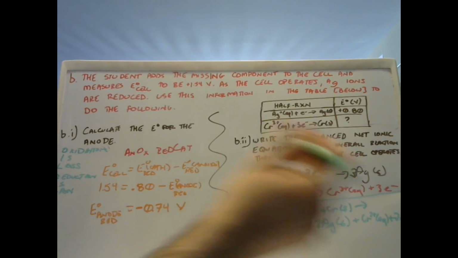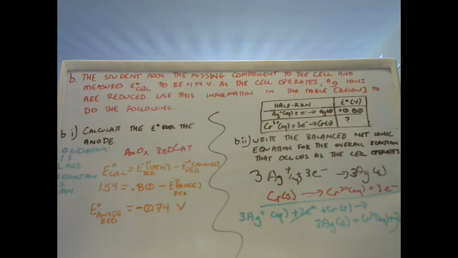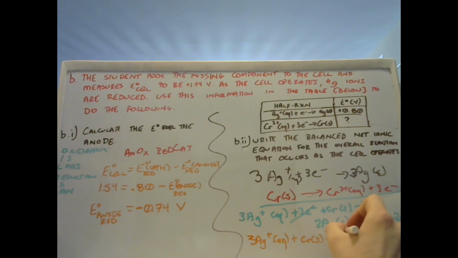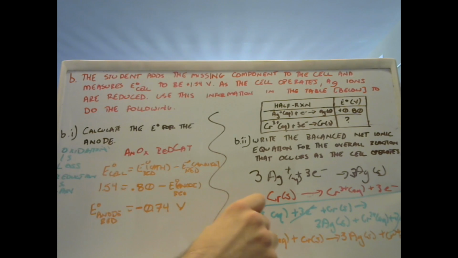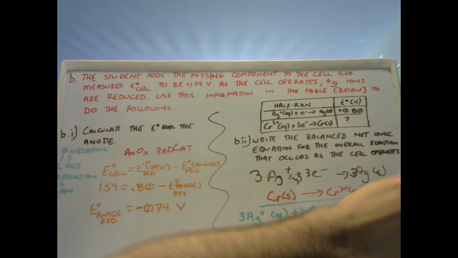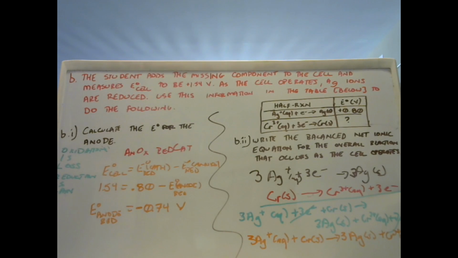Notice how we have the electrons on both sides, so they'll just cancel out, which means my overall net ionic equation is going to be 3 aqueous silver plus ions plus chromium solid goes to 3 solid silvers plus chromium 3 plus aqueous. And just to double check our work, we have 3 times plus 1 is plus 3, plus 3. Our charge is balanced. This is done.